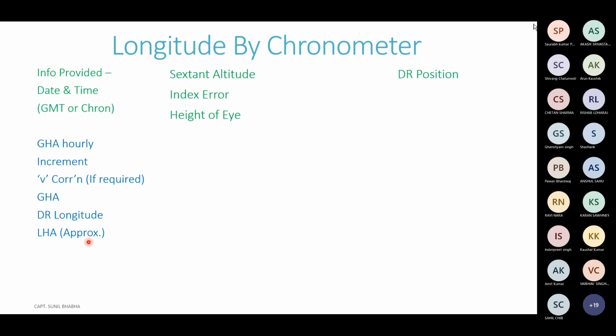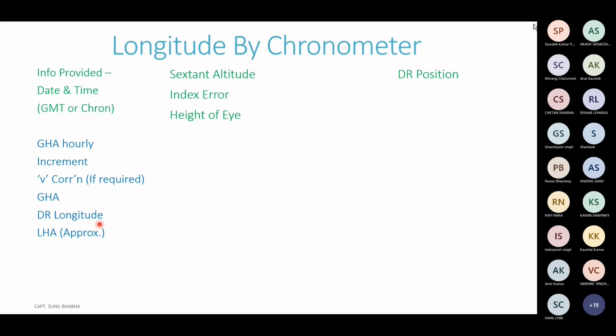Now, why are we indicating as approximate? The reason for that is that we have used the DR longitude to obtain the LHA. Now, DR longitude could have errors in it. So that's why the value of LHA will not be accurate. The GHA was exactly accurate for that particular date, hour, minute, and second.